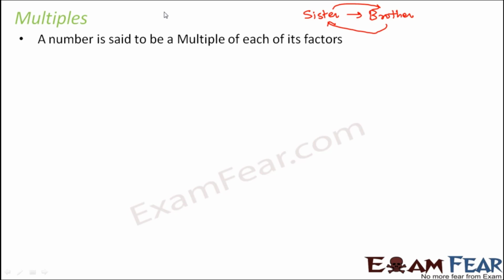Let's say that the name of your sister is Reena. And let's say that your name is Sunny. So this means that Reena is sister of Sunny and Sunny is brother of Reena. So that's the relation, right?